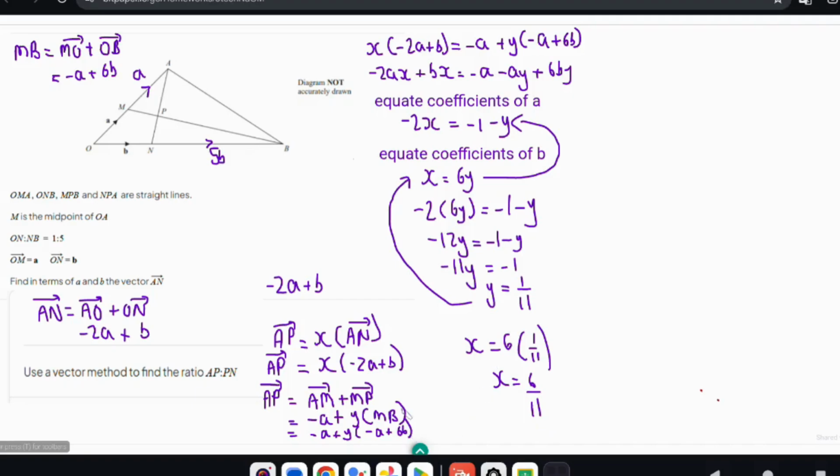Let's go back to this fact over here. So we know AP is 6/11 along the line, minus 2a plus b. What is our ratio AP to PN? If this is 6/11 of the way along, it's 6 to 5.